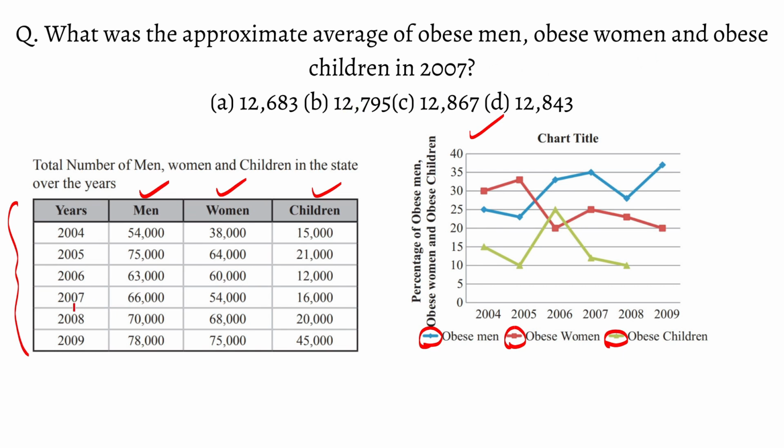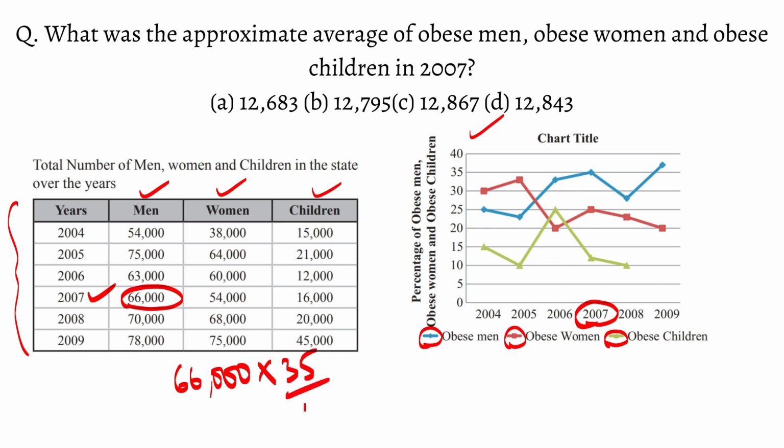So where is 2007 here? Here it is. And we know total men in 2007 are 66,000, right? And in the line graph, the percentage of obese men is how much? It's almost 35%, right?